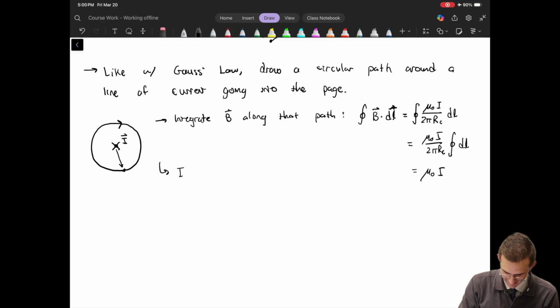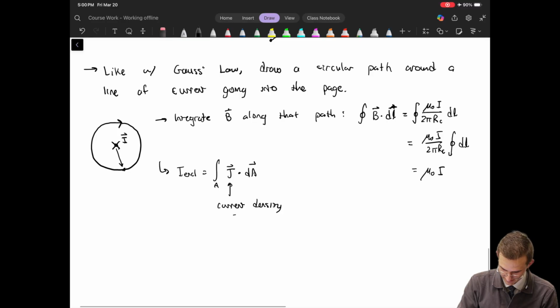So the I enclosed by the loop is equal to the integral over the surface of the loop of J dot dA, where J is the current density. The units of that are coulombs per meter squared per second.